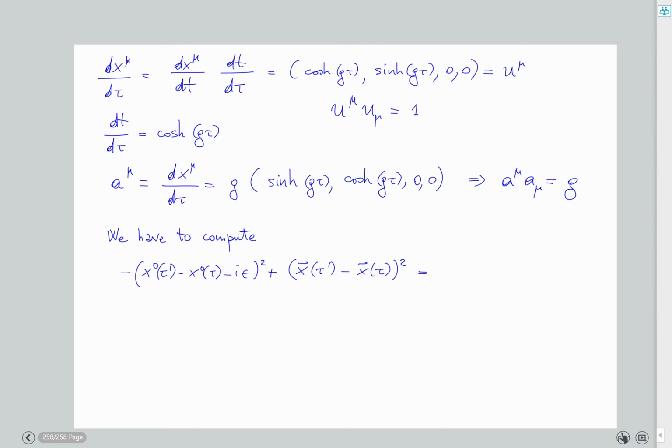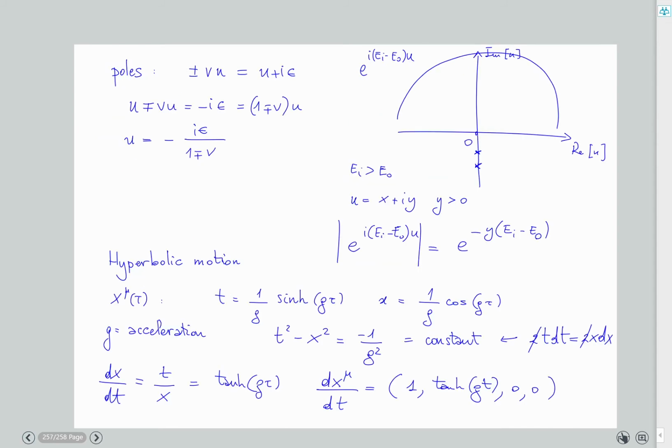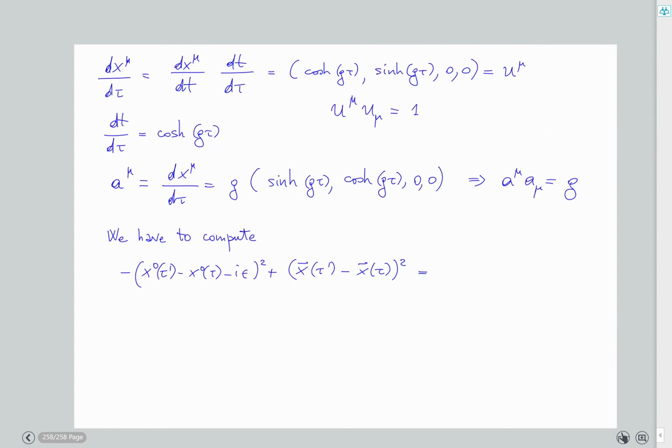Let's start from the space part. X is 1 over g hyperbolic cosine, so we have a 1 over g squared, and then here we will have a hyperbolic cosine minus hyperbolic cosine, squared. Minus the same thing.